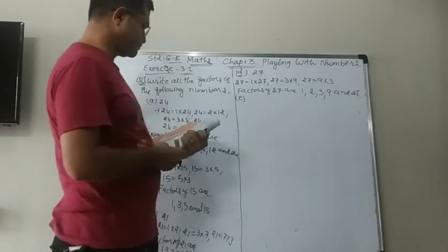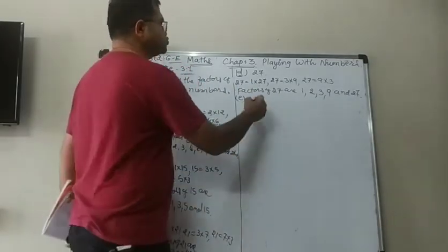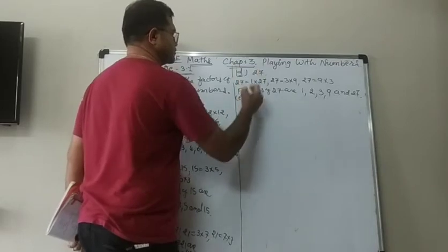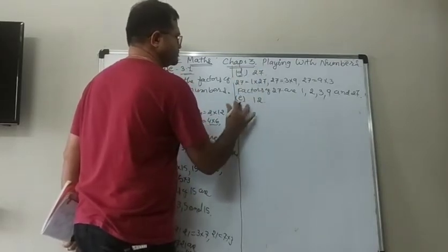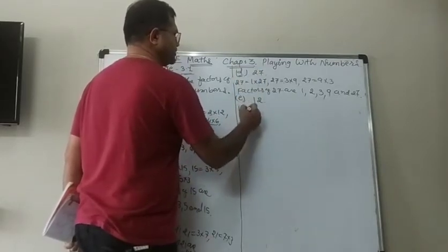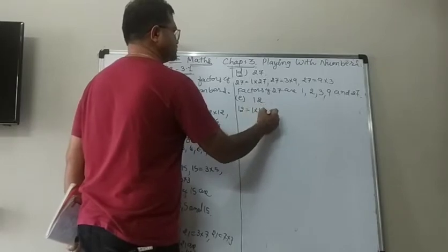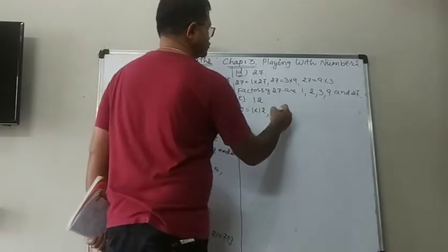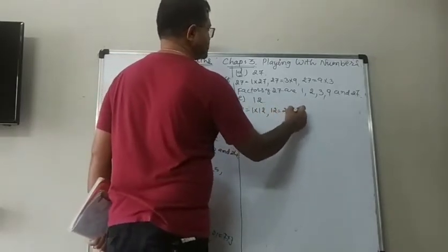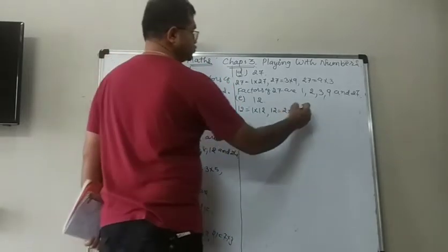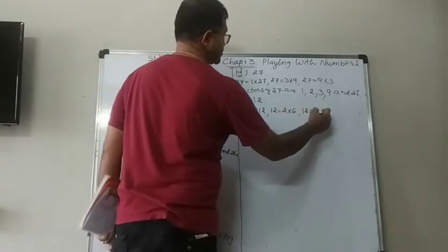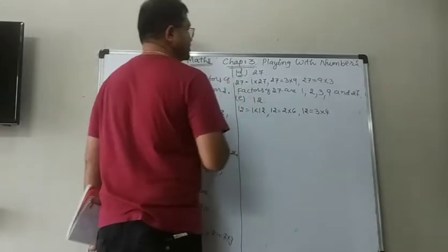Now E. In E it is 12. So 12 is equal to 1 multiplied by 12, that we know. 12 is divisible by 2 because 2 6s are 12. 12 is divisible by 3 also because in the 3 table, 3 4s are 12.